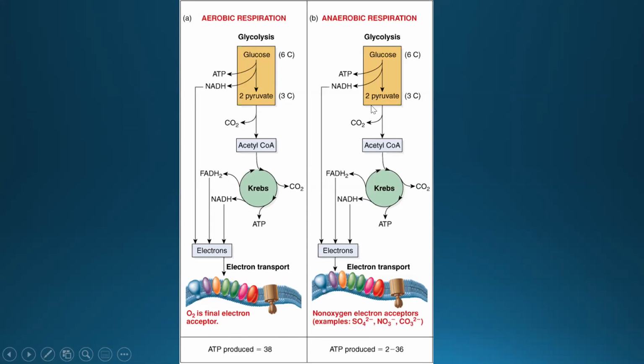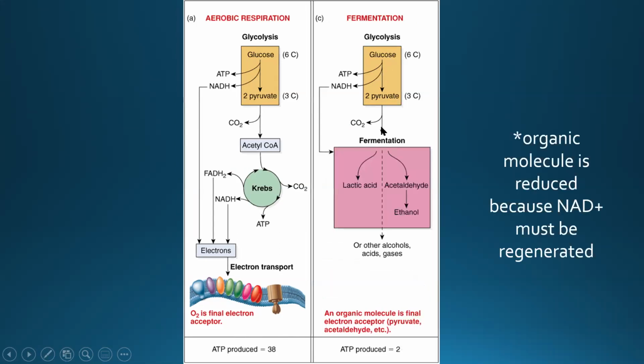With anaerobic cellular respiration, okay, we are not going to have those processes occur because we don't have oxygen. So what happens is you can have fermentation occur. And with fermentation, you have an organic molecule that is going to be accepting the electrons.